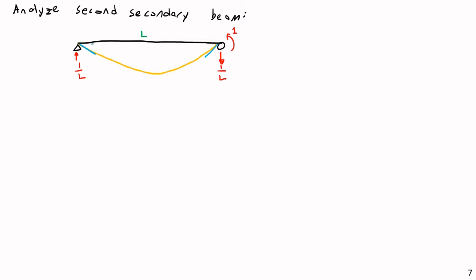So this here is going to be theta AB, that is the rotation at A caused by a unit load at B. And then, of course, we have here theta BB, that is the rotation at B caused by a unit couple at B.